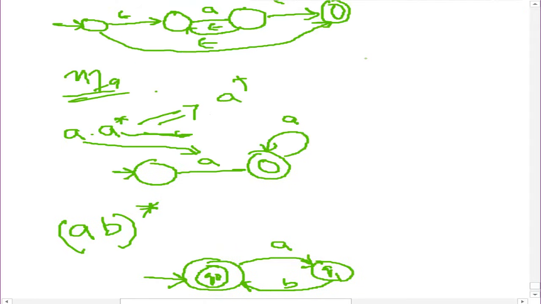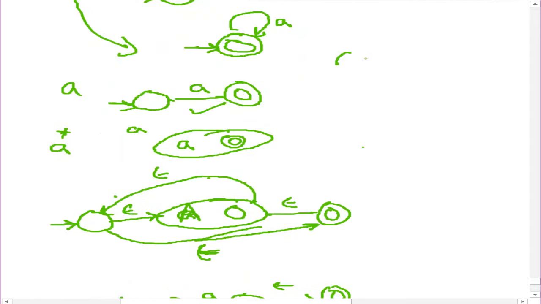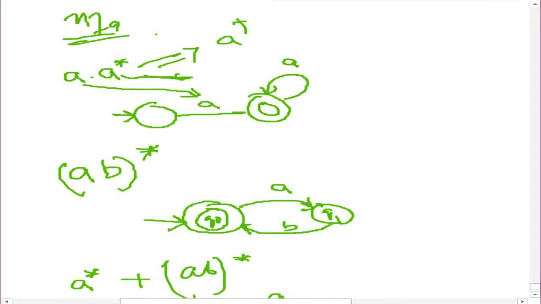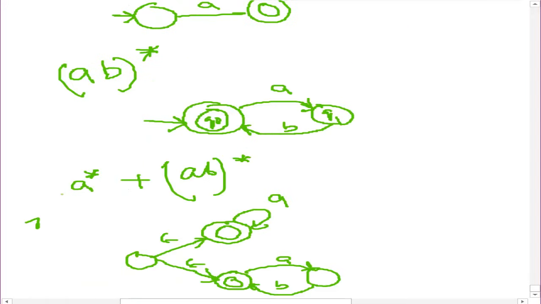You have an A, you have a B, then combine the final state and combine the initial state, right? Now for A and B we had A star and AB star. So this is A star, AB star, with a combined initial state.